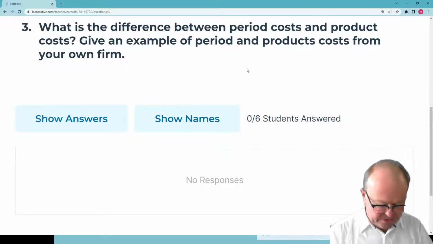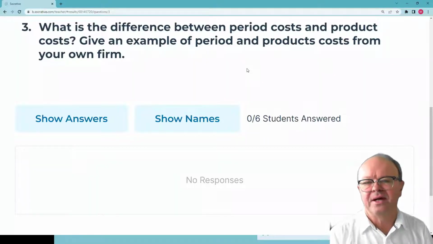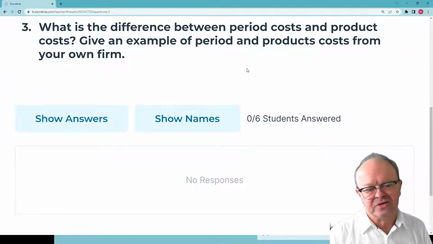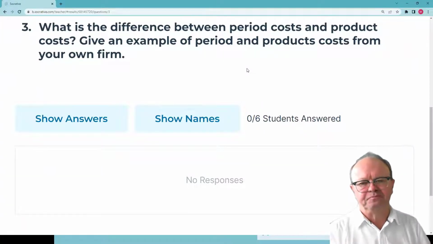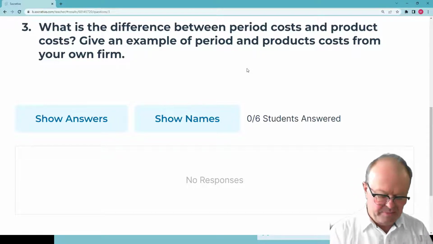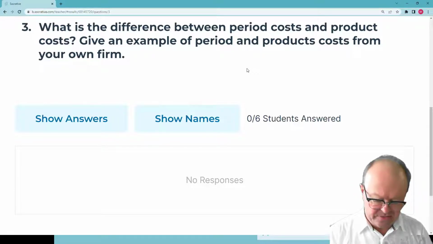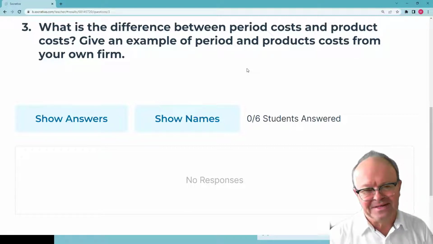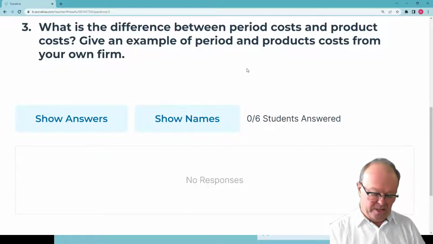While you're doing that, I'll give you some examples of period and product costs from Ryman Healthcare. Ryman Healthcare has very, very low inventories, so it doesn't have a huge amount of product costs attaching to those inventories. And it doesn't have a footnote to its inventory, so it doesn't give any detail about what it's doing.